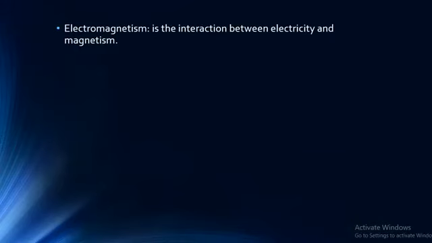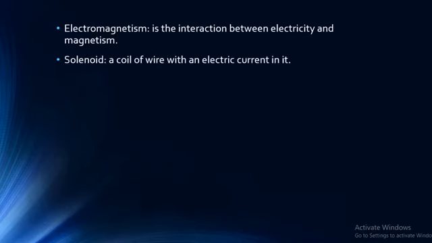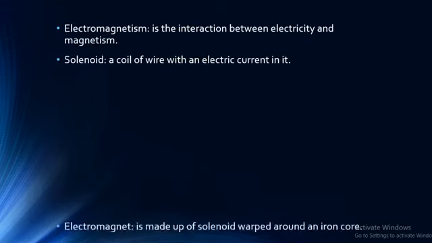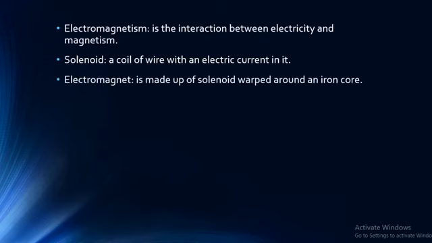Electromagnetism is the interaction between electricity and magnetism. A solenoid is a coil of wire with an electric current in it. An electromagnet is made up of a solenoid wrapped around an iron core.